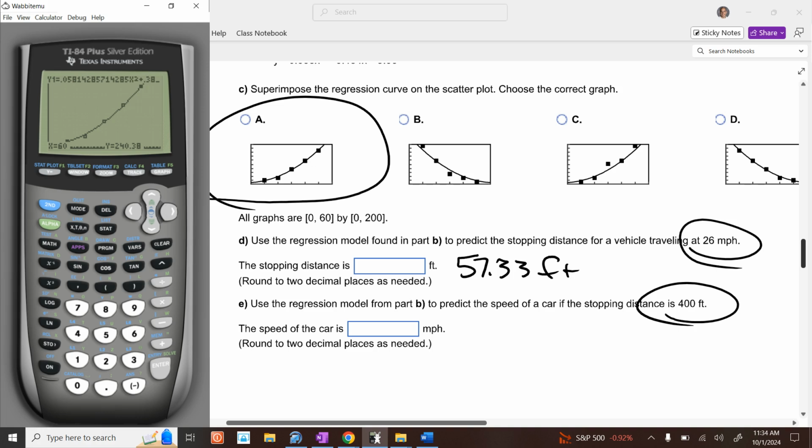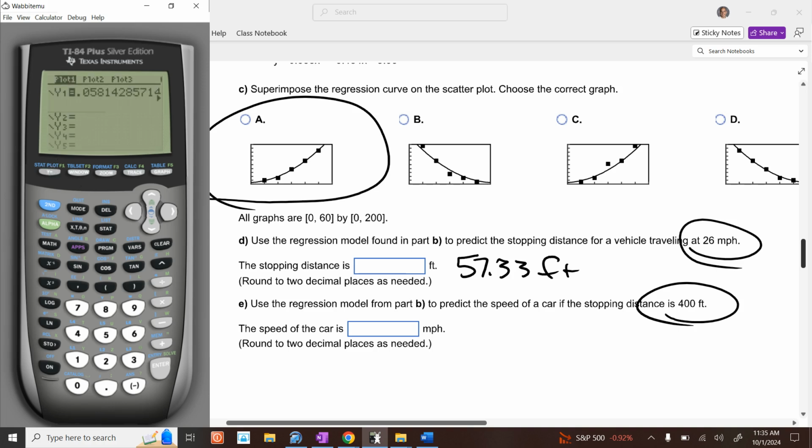It's going to stop. Oh no, what am I going to do? Well, I have to change my window. So I'm going to change this to like 150 for my X max and 500 for my Y max. Then if I graph it, I can figure out what this is.